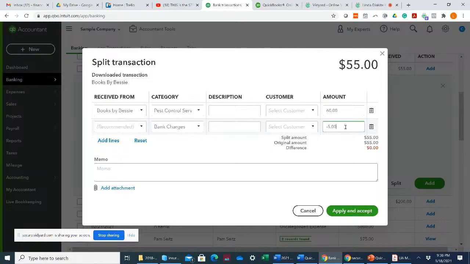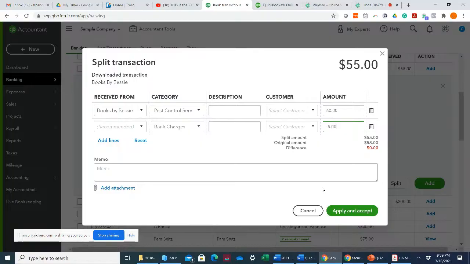So, sorry, I was adding $10 extra. I realized it was $55. So with the merchant fees, you want to put it in as negative. And you put it in as negative because you want this transaction to net to the net deposit. So your product was only $60. You're going to record that to the revenue. And then the PayPal fee was $5. So you're going to put negative. So it will net. This is the proper way to record those type of transactions.